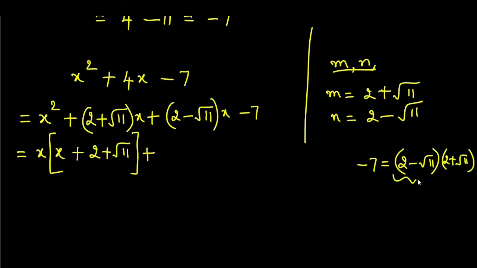When we take 2 minus root 11 as a common factor, we remain with 2 plus root 11. Let us take 2 minus root 11 as a common factor for these two terms. We remain with x here and plus 2 plus root 11 here.